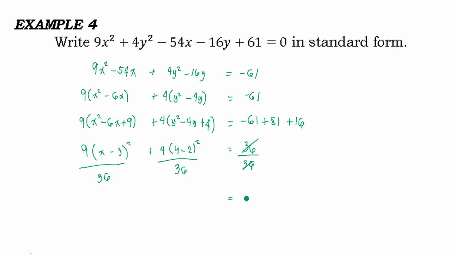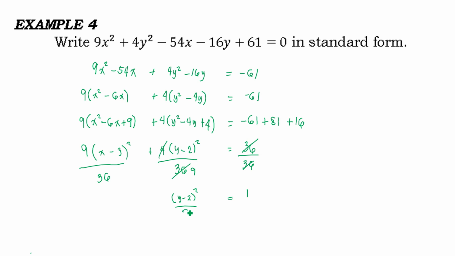Now, 4 and 36 are reducible by 4. So, 36 divided by 4, magiging na siyang 9. So, in other words, we have the squared quantity of y minus 2 over 9.